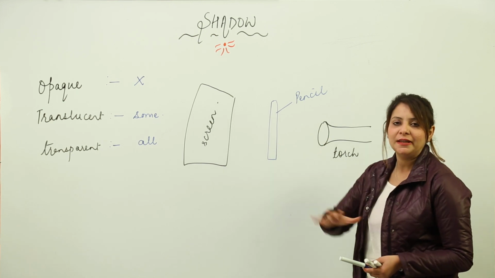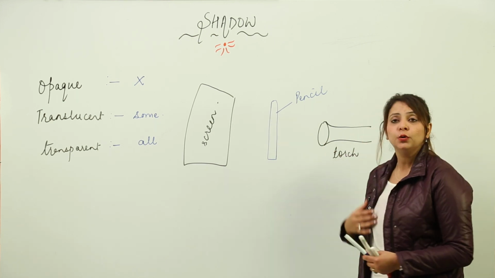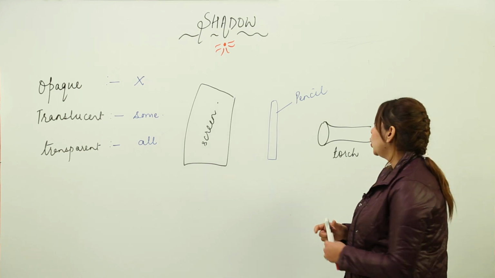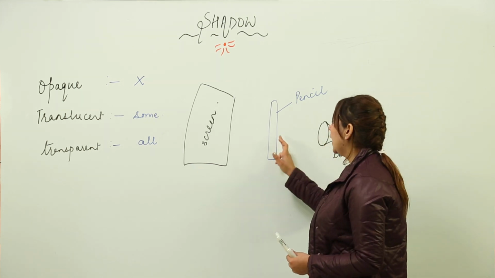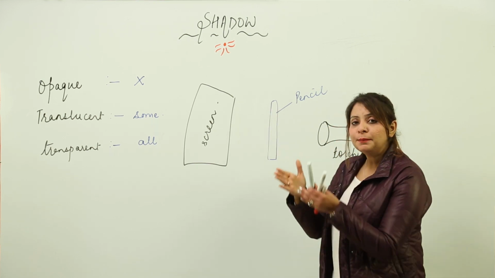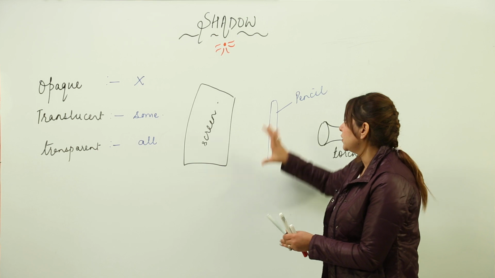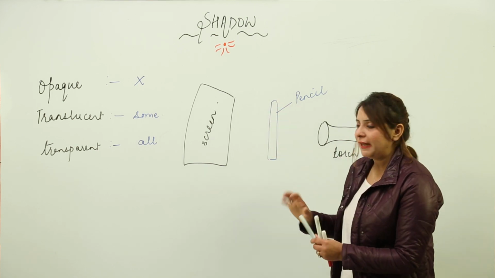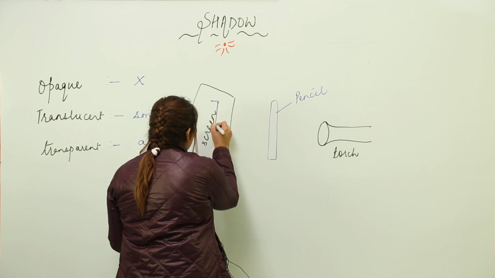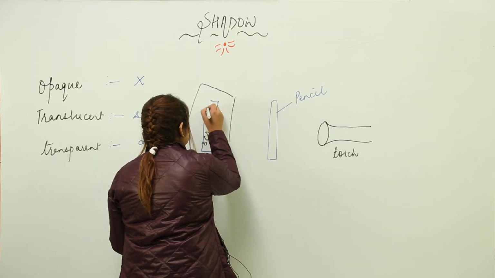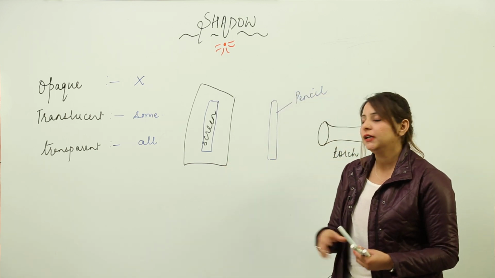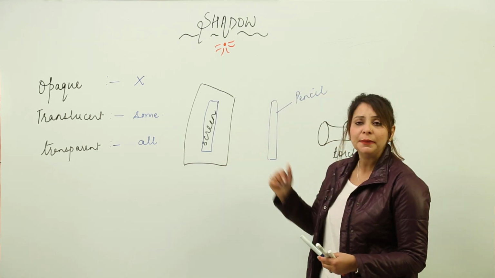As we know, a pencil is an opaque object, so it will not allow light to pass through this area. As a result, the passage of light is blocked according to the width and the height of the pencil. And when we see the screen, the shadow is cast on it, similar to the outline of the opaque object, that is, of the pencil.